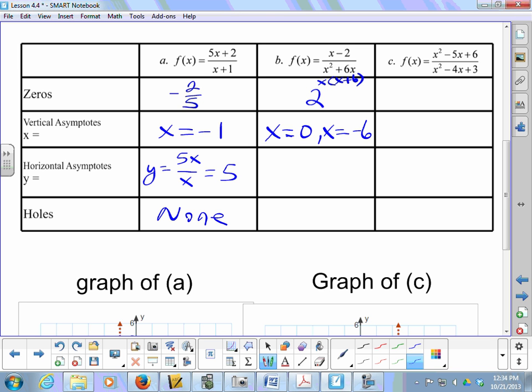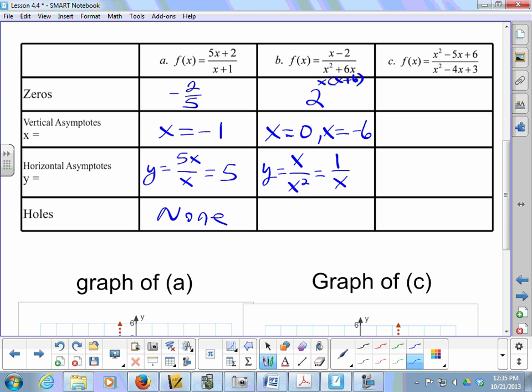All right. Now, in this case, what's the highest degree term in the numerator? X. What's the highest degree term in the denominator? X squared. So when I simplify that, what do I get? 1 over x. Now, 1 over x is not an asymptote.